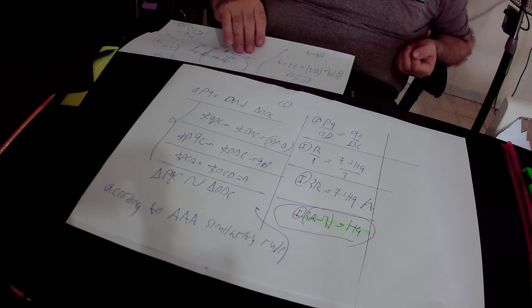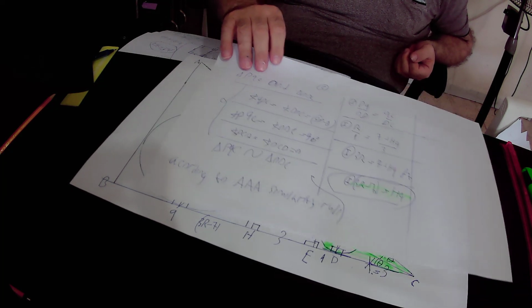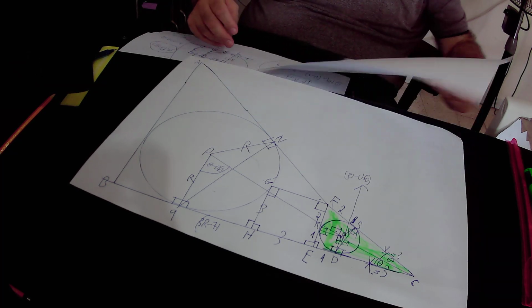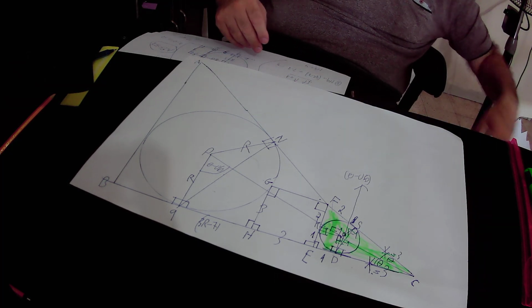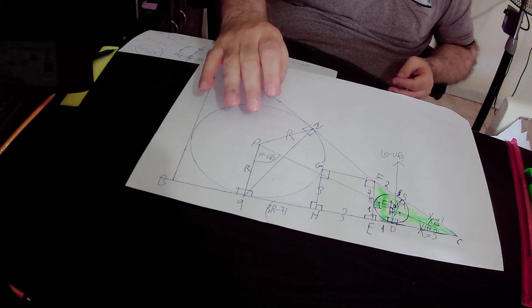In the next step, we note that R, the radius that we are looking for, could be either less than 3 units.